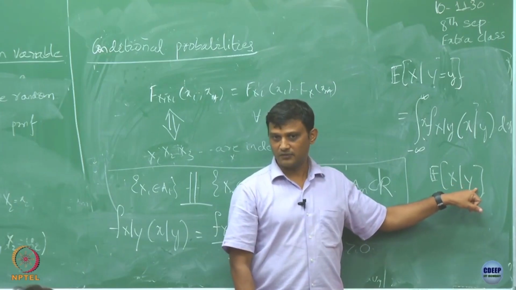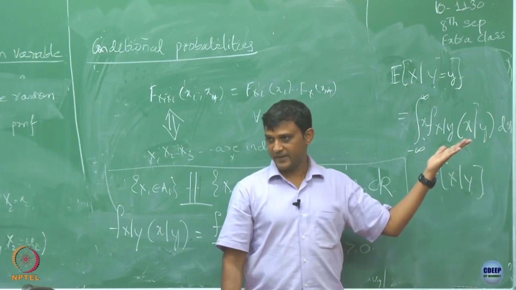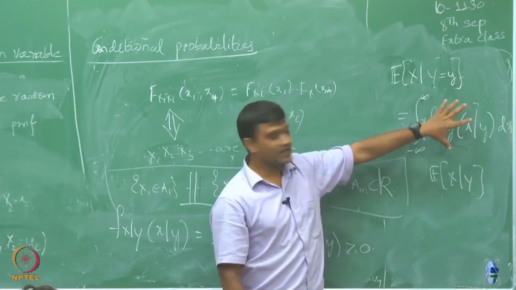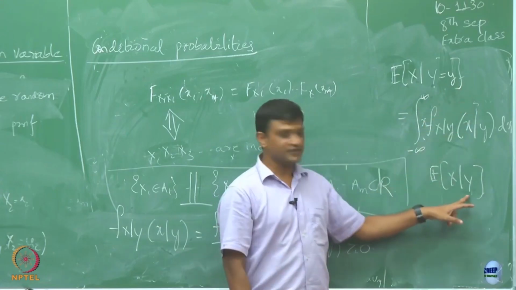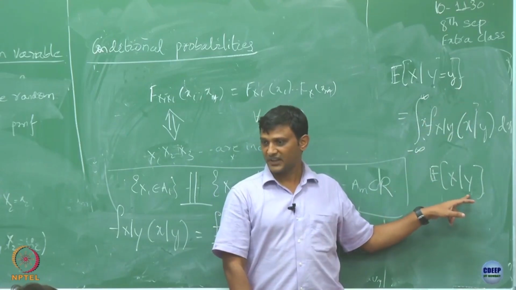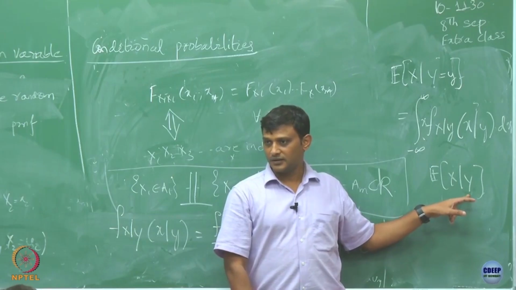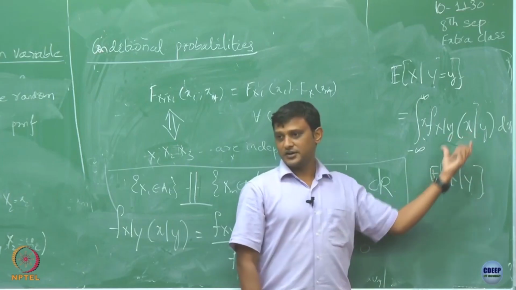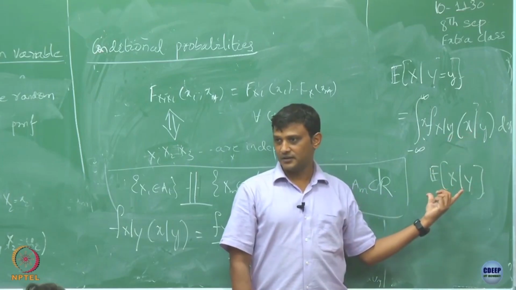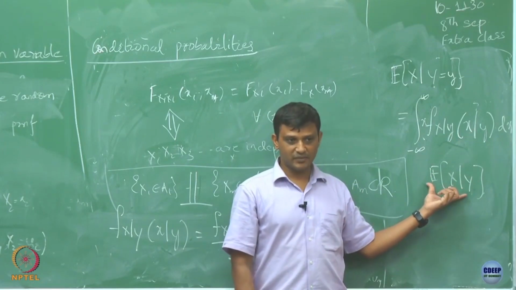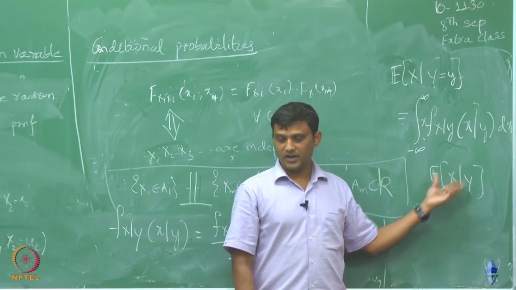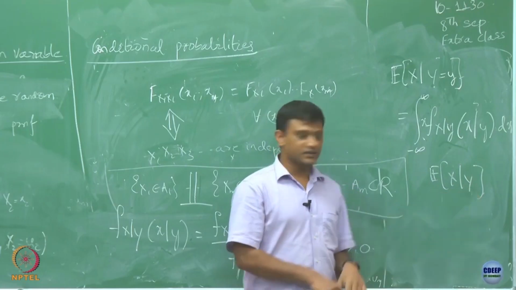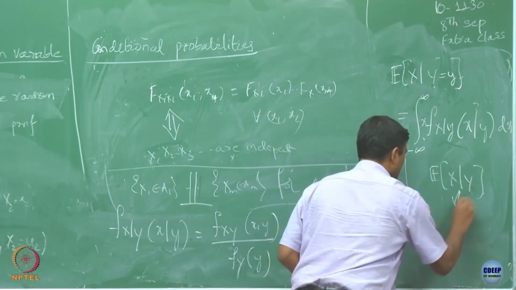Y is a random variable, it could take many different possibilities. Here I have specified the value it takes and then computed the expectation. But if I do not specify this, then for different values of y this is going to take different values. So in that case this itself is a random variable, because it depends on the value that y takes. So this is going to be random.